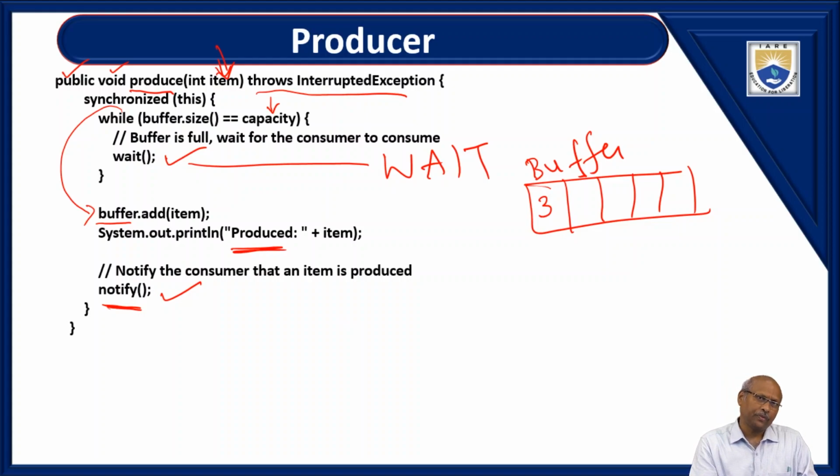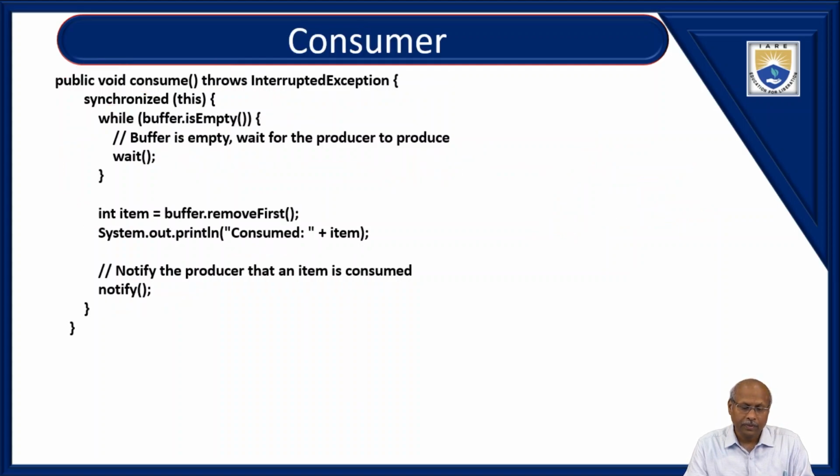This producer method will be used by the producer thread. And there is one more method called consume. The consumer thread will use the consume method. Now see consume. What will it consume? Whatever item is there in the buffer, that item I have to consume. So here also I made a synchronized area, that means the critical region.